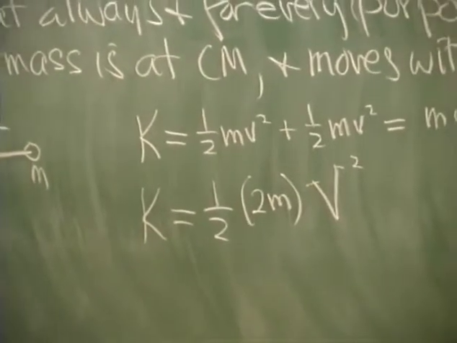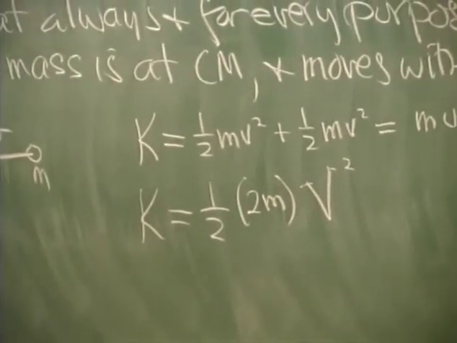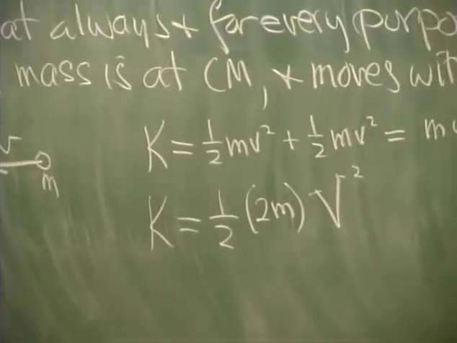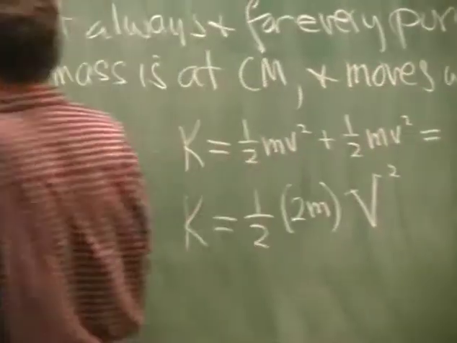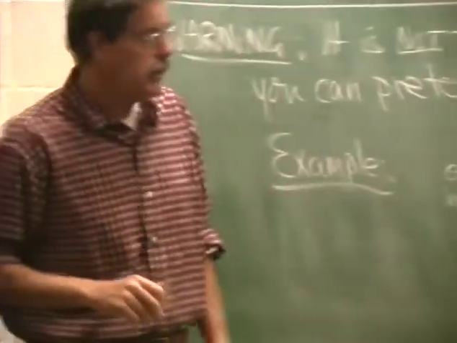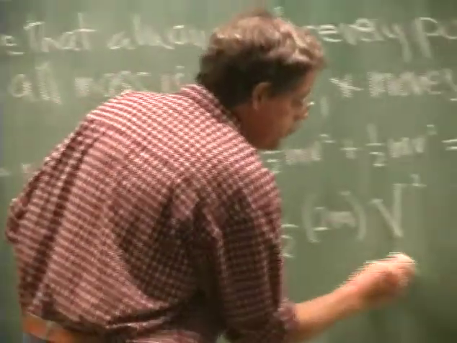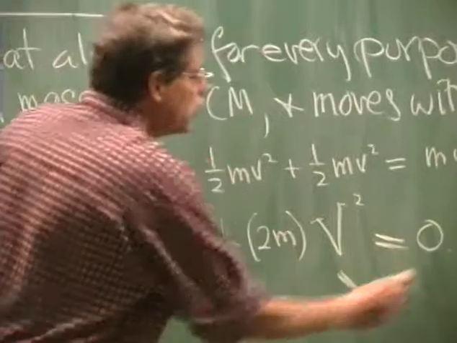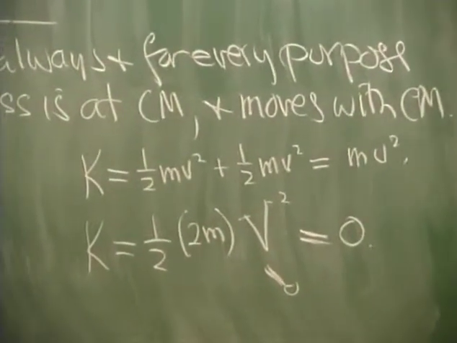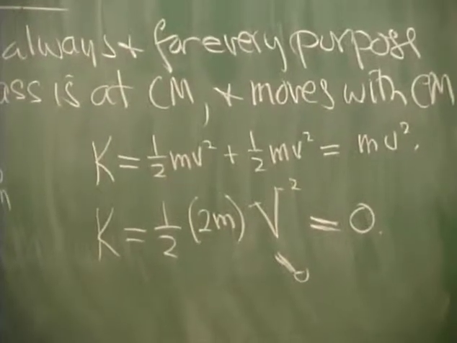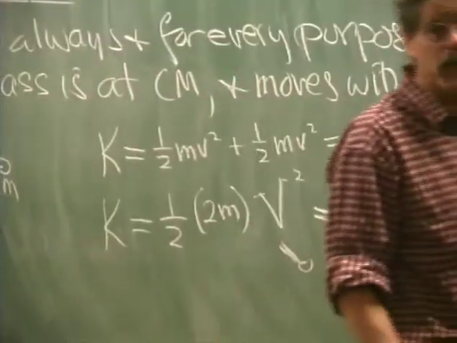Wait a minute. What's the velocity of the center of mass in that case? 0, huh? The center of mass is not moving. The center of mass is actually right there in the center. So V is equal to 0 in this case. And I would conclude, if I was naive about it, that the total kinetic energy of this system is equal to 0.